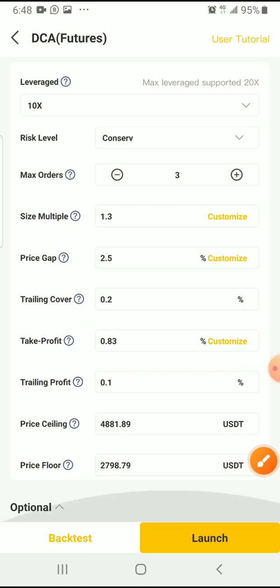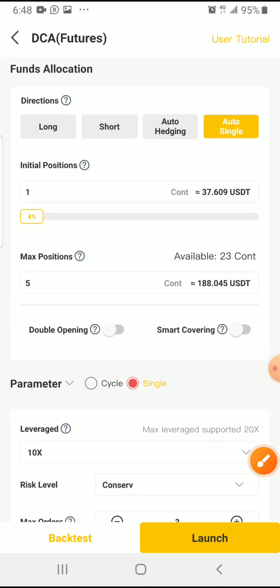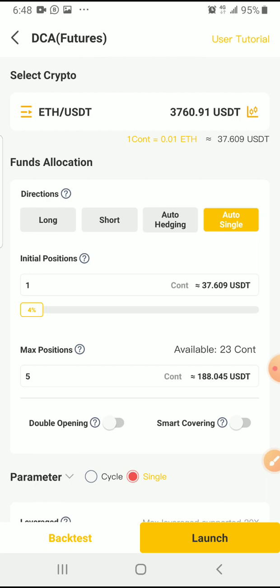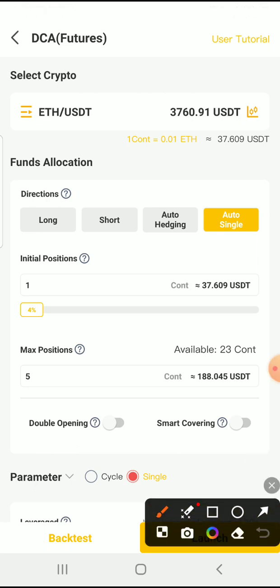Now, having done this, we go back to the top, and then we determine our initial position and the maximum position. After doing that, we are not going down again. We end at initial position and maximum position, and then let me just add this one.